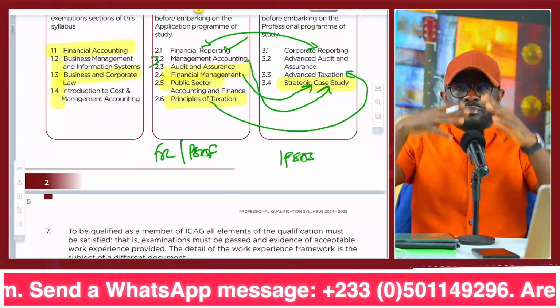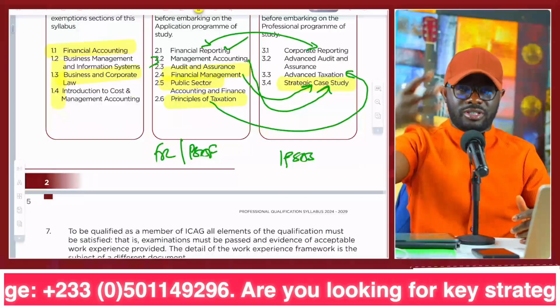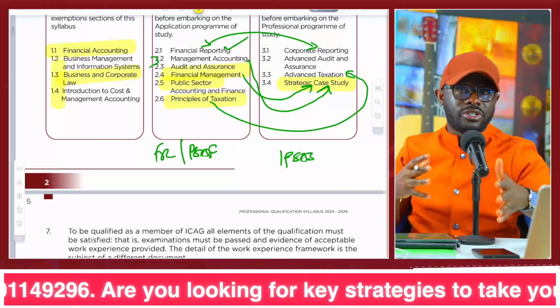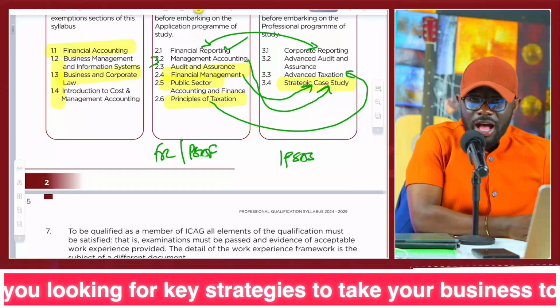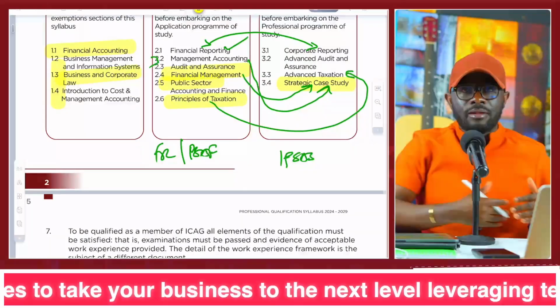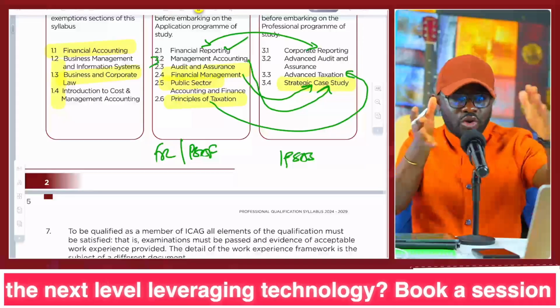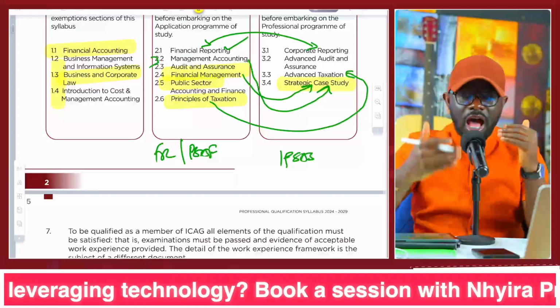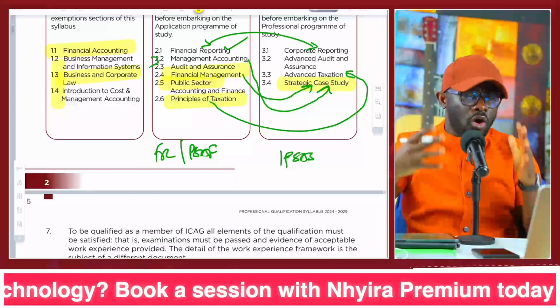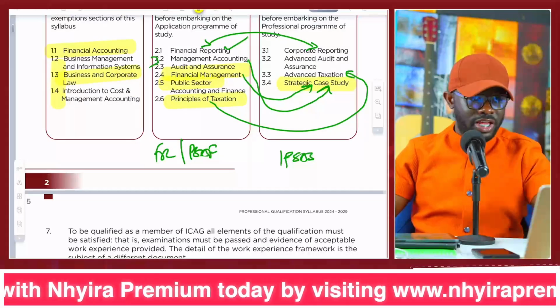So in planning which papers to sit for or how many papers to sit for, it is important you consider where you are as a person, how much time you have at your disposal, and then the exam date. You need to know the timetable so that you can schedule yourself and find out how you can spread your pressure in order to really optimize yourself so you pass the examination.